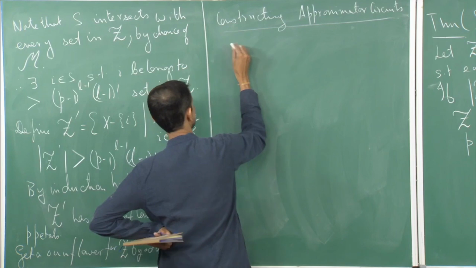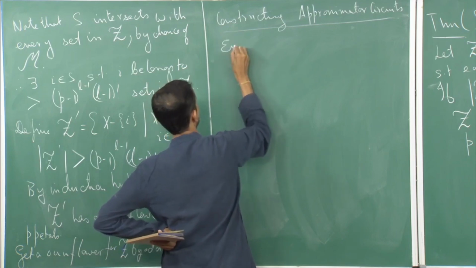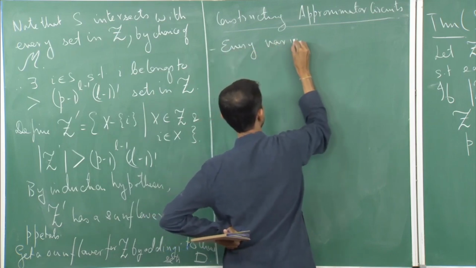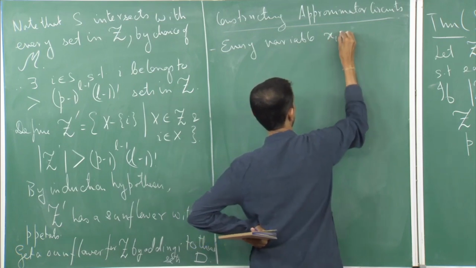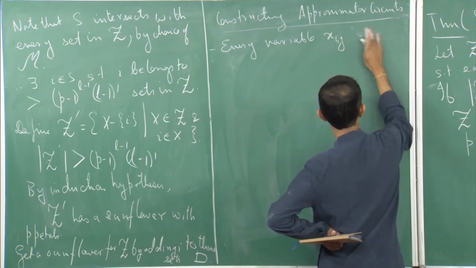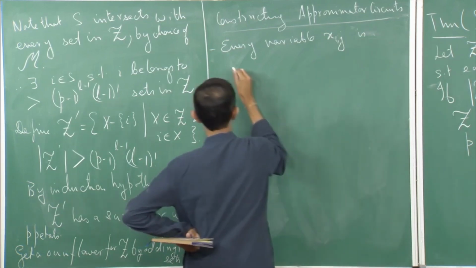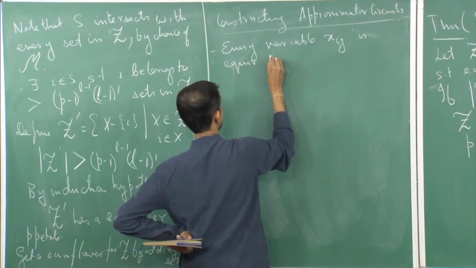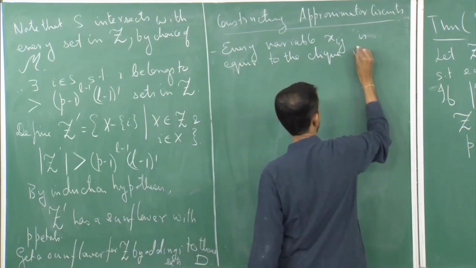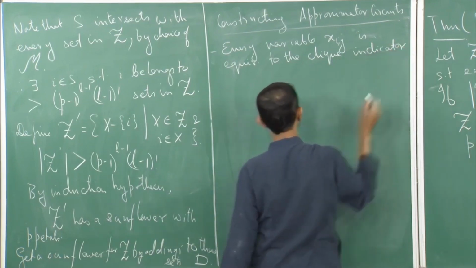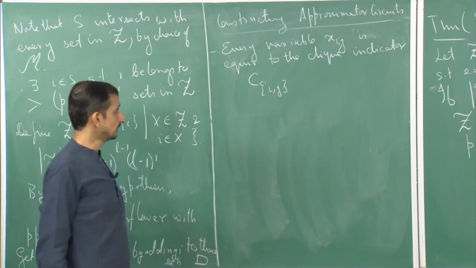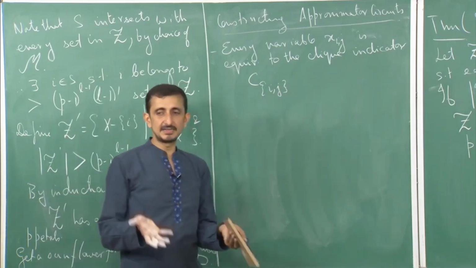Firstly note that every variable xij is equivalent to the click indicator C i,j, because an edge is always a click.